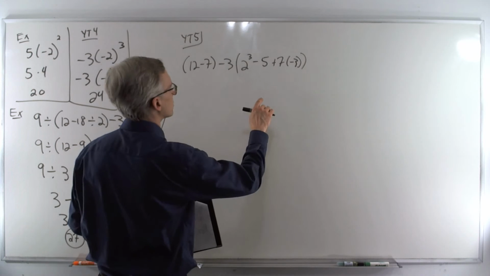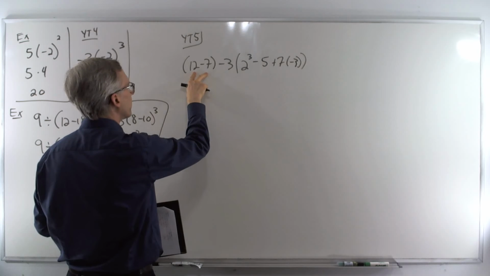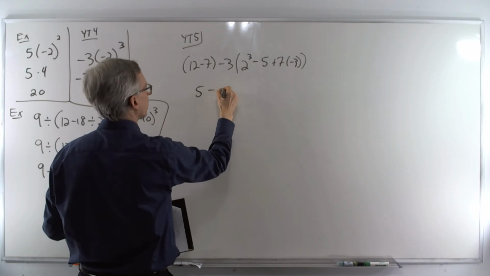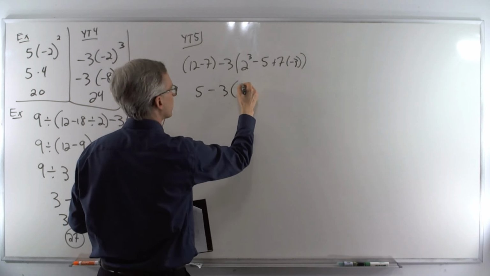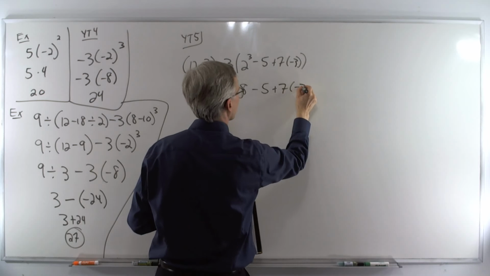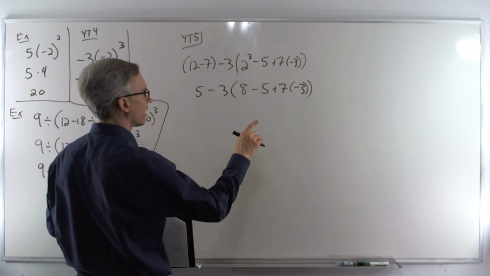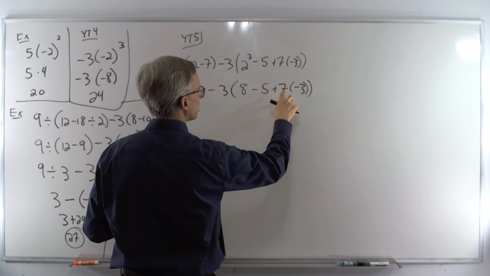Inside the grouping symbols, all right, we have an exponent here, so we'll start here, and here we just do 12 minus 7. So we got 5 minus 3 times 2 to the third is 8, and then just copy everything down. All right, now within the grouping symbol we have subtraction, addition, multiplication.